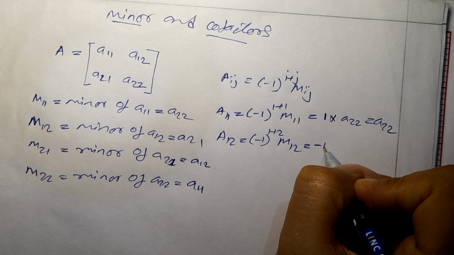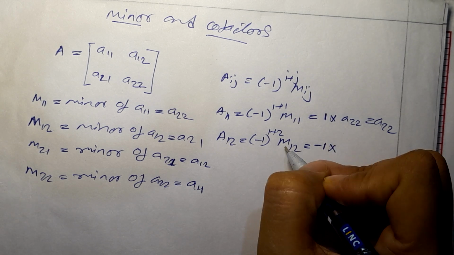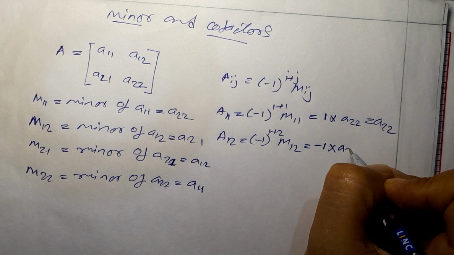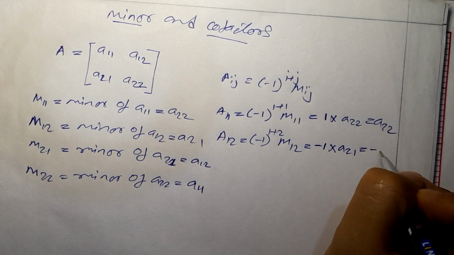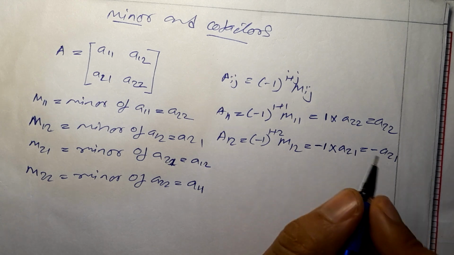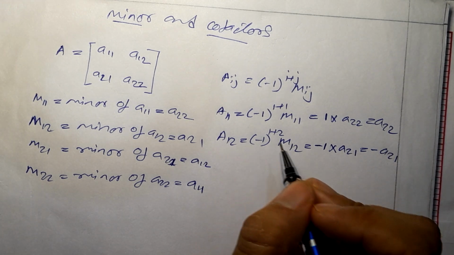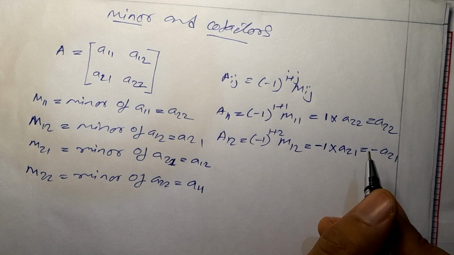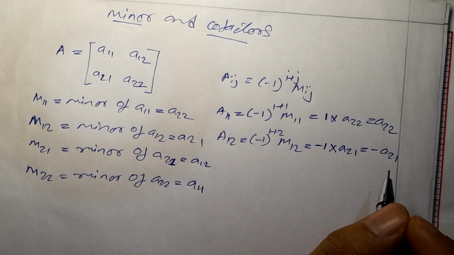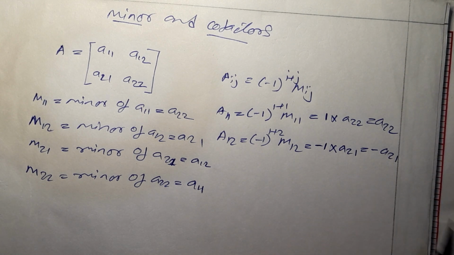So it will be minus 1 into M12, that is minus A21. Only the sign will change, not for all positions. Whenever the power after adding becomes an even number, the sign will be positive, the rest will be negative.